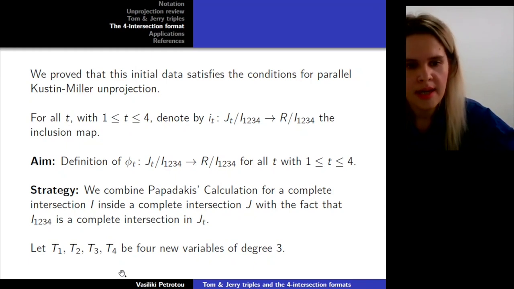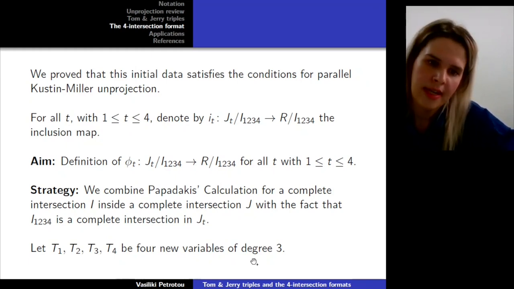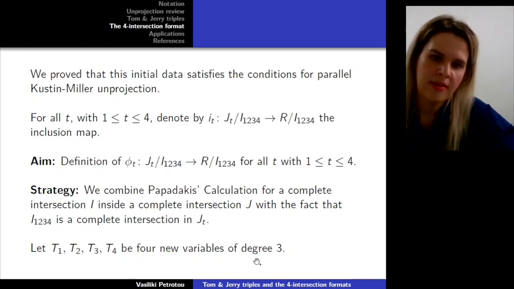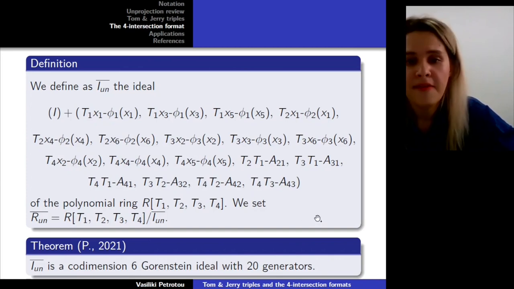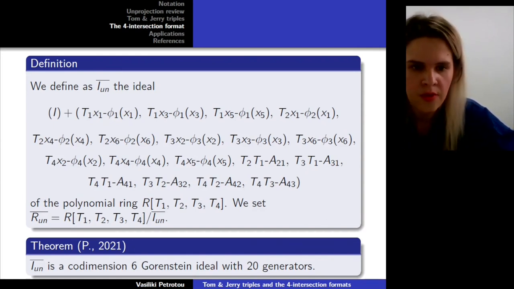We denote now by T1 up to T4 new variables of degree 3, and we can write down the final ring. Now we have 4 new variables because we started with a codimension 2 ideal and we performed 4 unprojections.